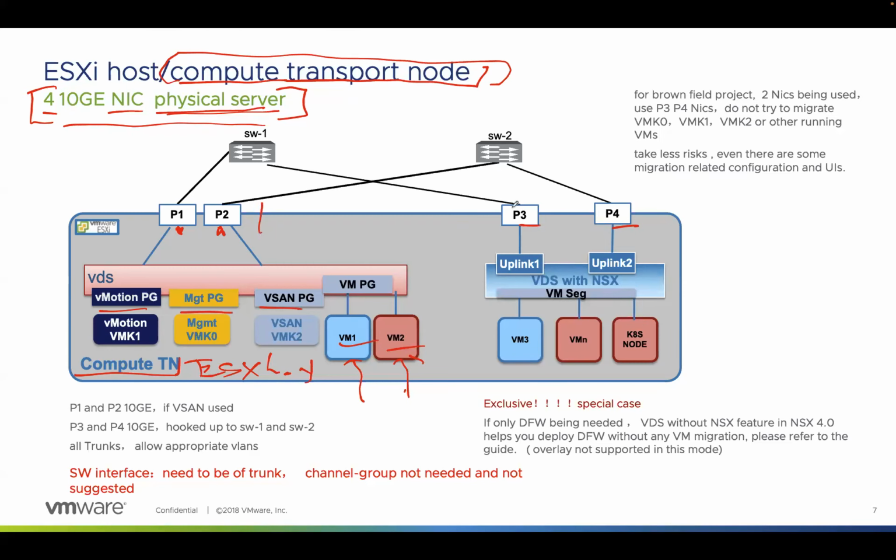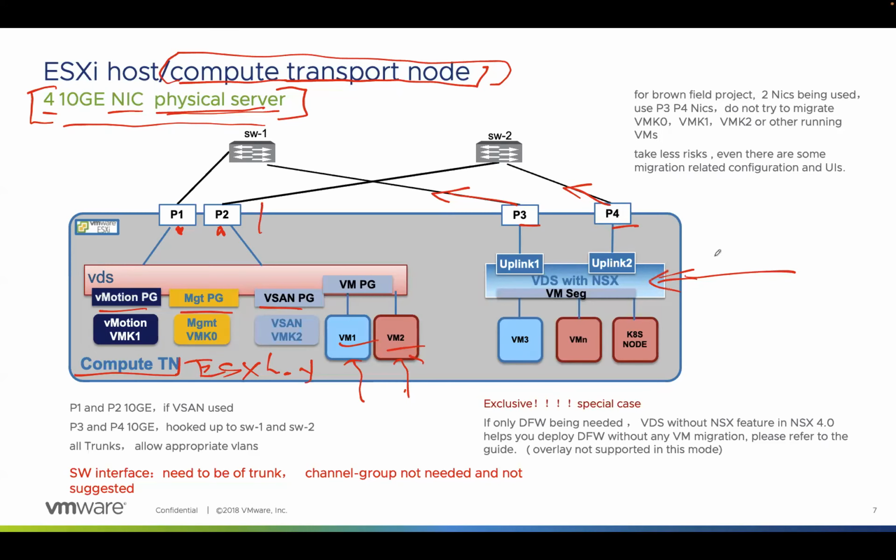You just hook them up to switch 1 and switch 2 for the P3 and P4 physical adapters, and you just install NSX, the compute host preparation of your whole transport node.